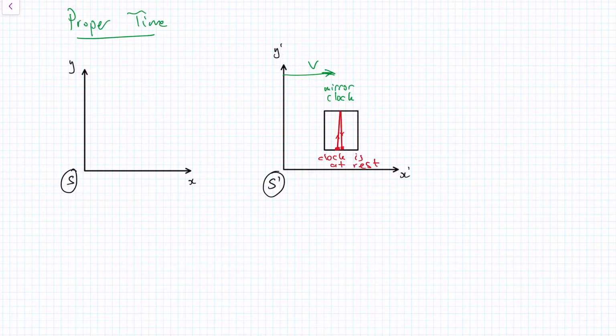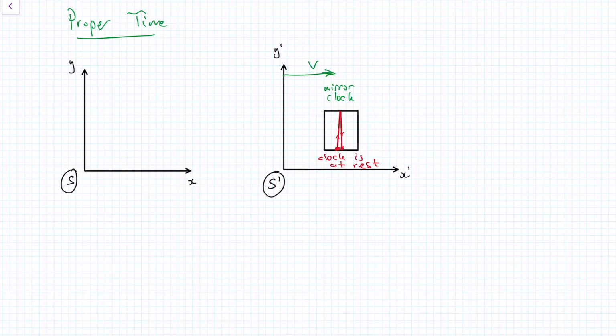That's crucial, because this clock is at rest with respect to S dashed. So both events, that is emission of the photon and detection of the photon, are measured by the same clock. That's what sets the reference frame S dashed apart from every other reference frame, right? Because we will use this to define what a proper time is, right?